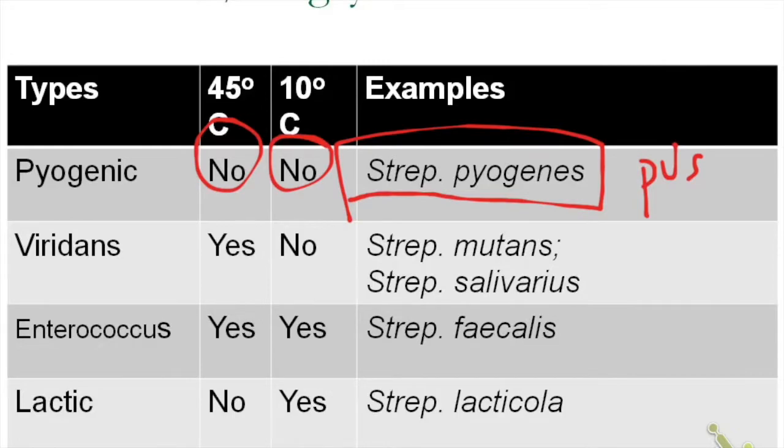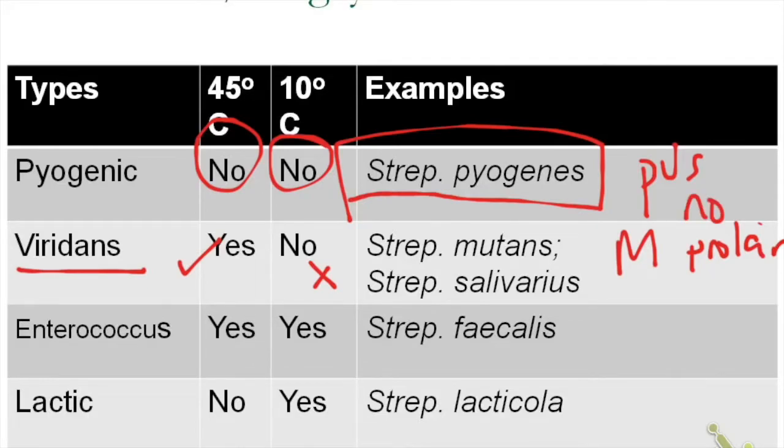And then the Viridans group can grow at 45 degrees, but they cannot grow at 10 degrees centigrade. The Viridans group is the only group that doesn't have the M protein. So no M protein. That's why later on, they cannot be classified under the Lancefield classification.